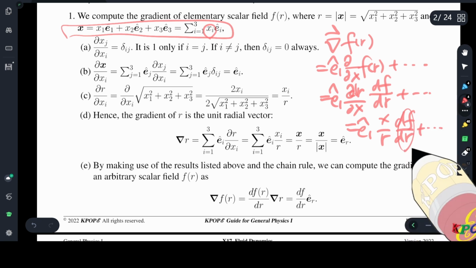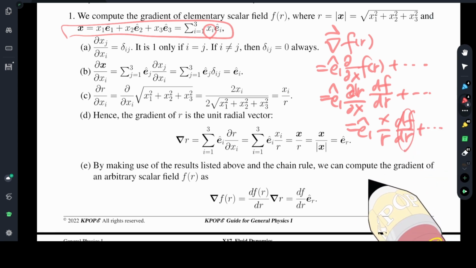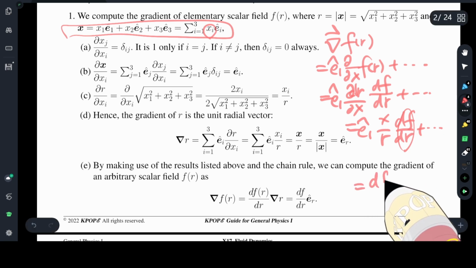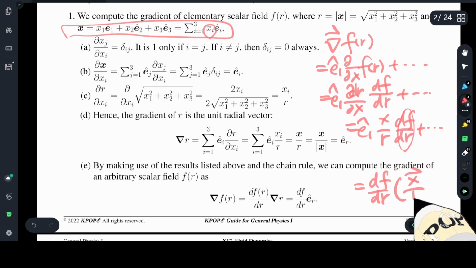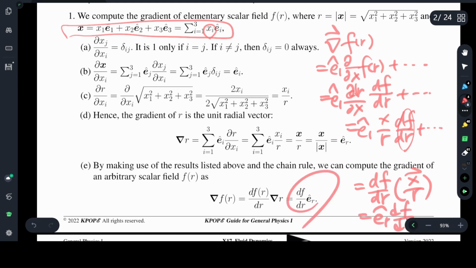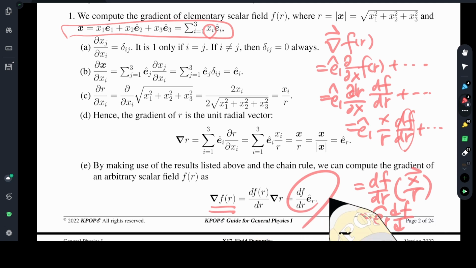Everything has this vector, so this is x over r. So it is r hat times df over dr, as it is. So the gradient of an arbitrary function of the radius is very simple.